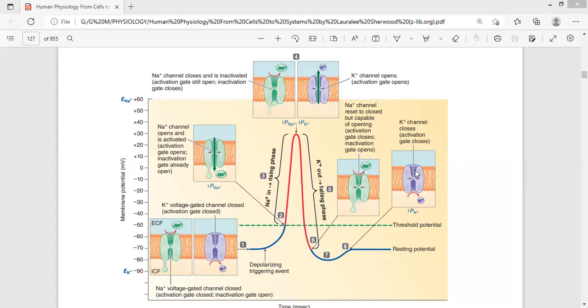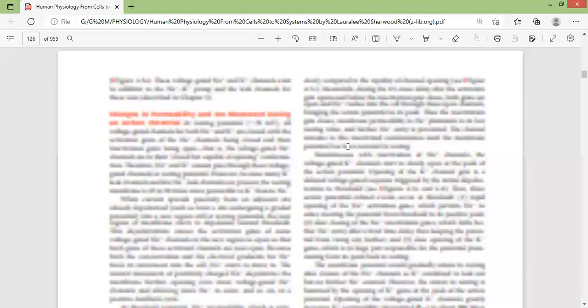Yeah, nice. The refractory period can be divided into two: there's an absolute refractory period and a relative refractory period. So what's the difference between the two? The absolute one is the time immediately after.